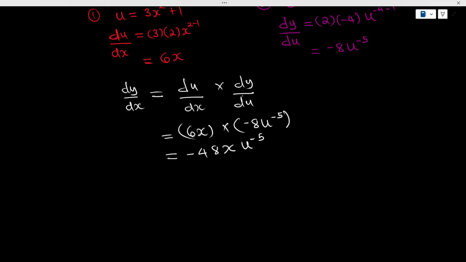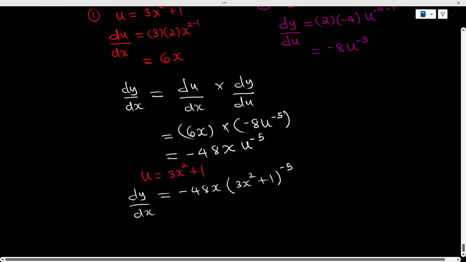You can go ahead and plug in u now. Remember, u equals 3x squared plus 1. So dy dx is going to be negative 48x times 3x squared plus 1 raised to negative 5.